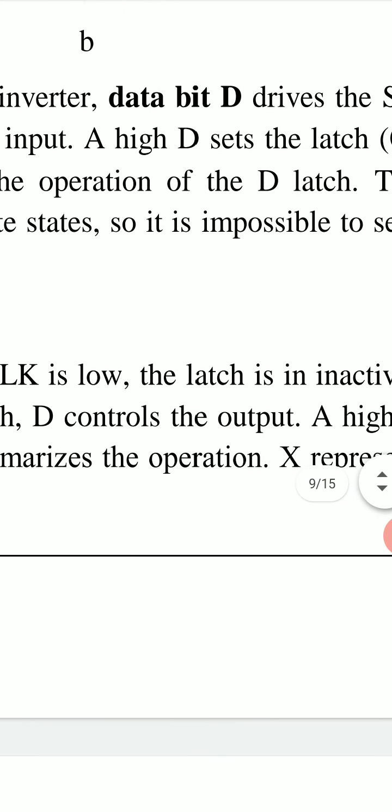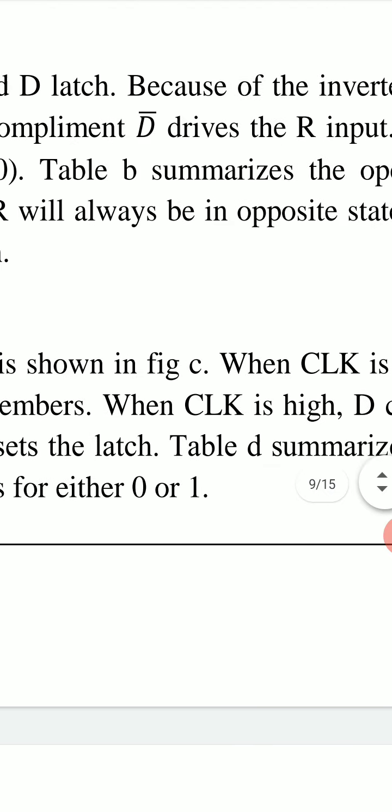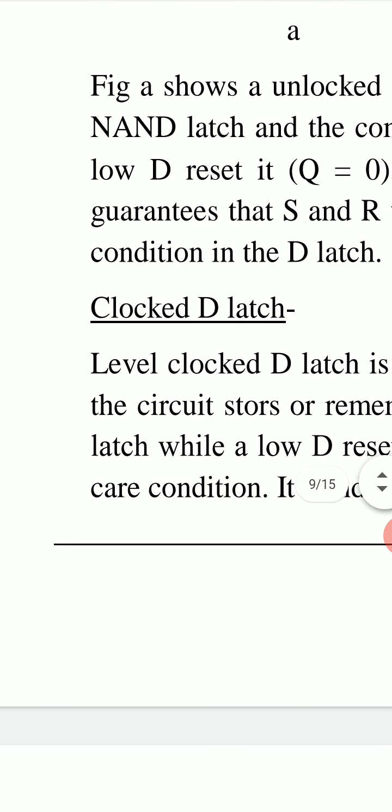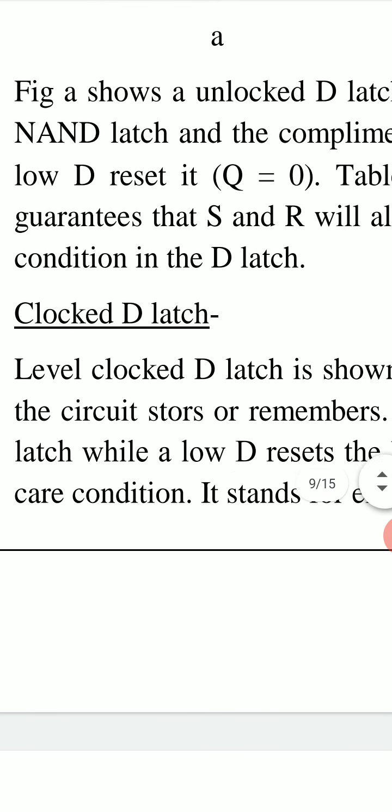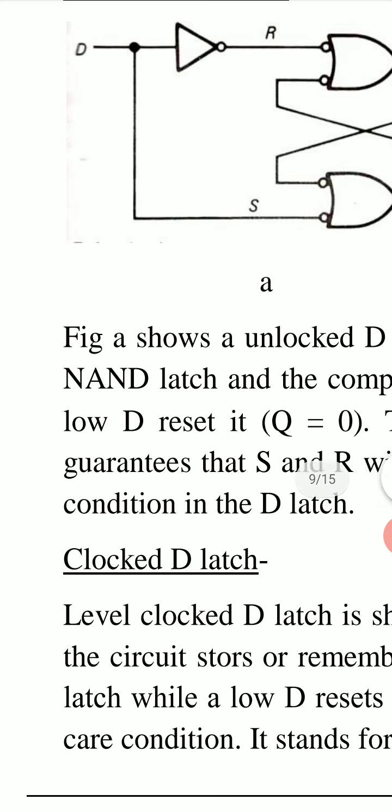So it is impossible to set up a race condition in the D latch. Since S input is equal to D and R input is equal to D bar, the race condition R equal to 1, S equal to 1 is not possible here.